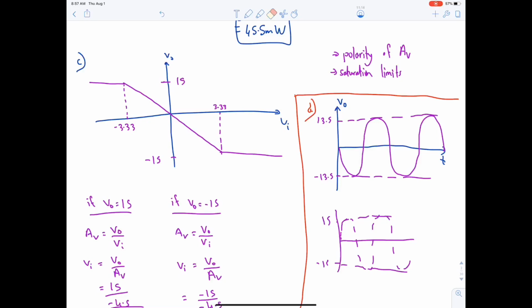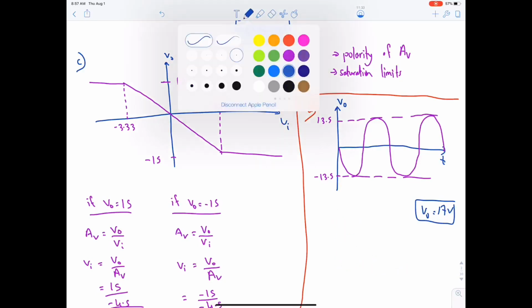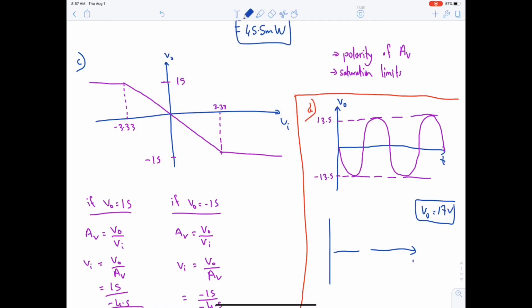No, let me give you another example. Let's say that the output was 17 volt. Now 17 is greater than 15. So first of all, let's repeat everything again. First of all, draw it normally. Time, V output, 17, minus 17.